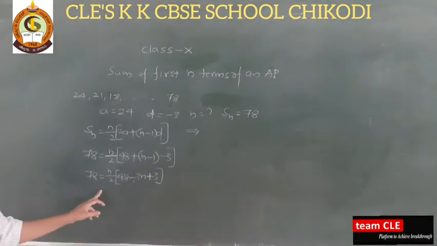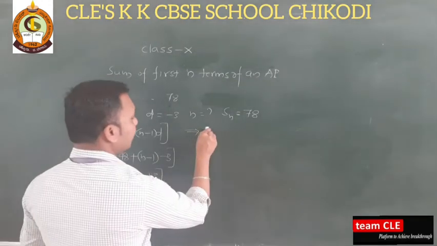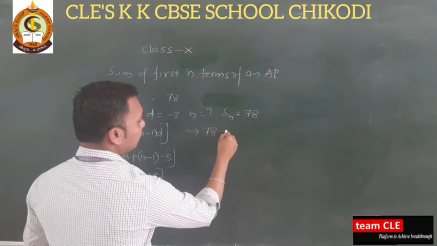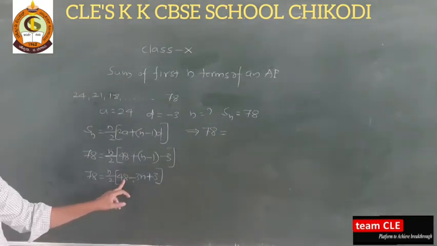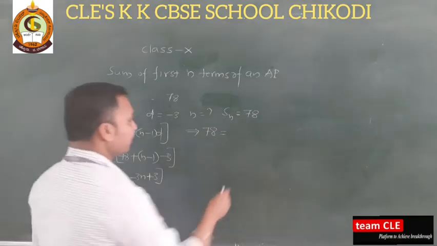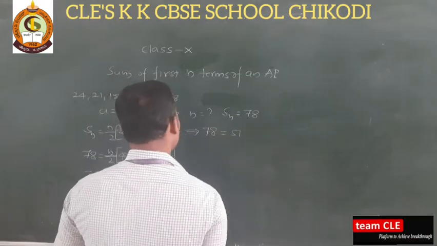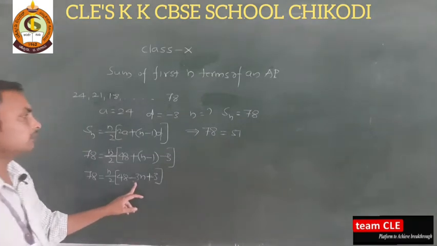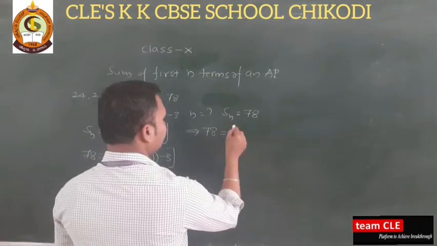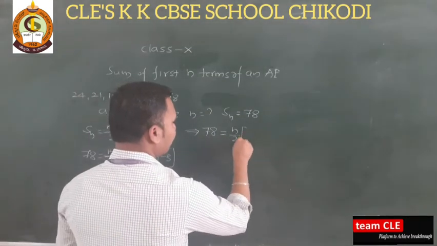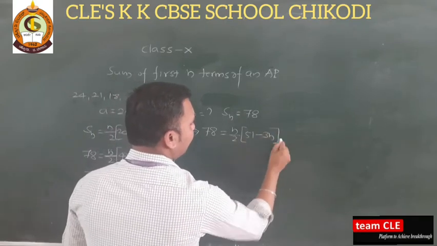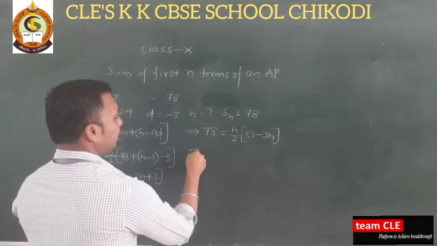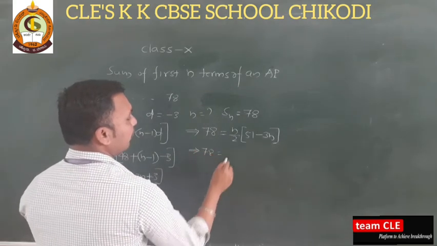Next step, we have 78 keep as it is. Now here 48 plus 3, how much will we get? We'll get 51. Okay. Now minus 3n. So still we have this side n by 2 into bracket of 51 minus 3n. Okay. Now next. So this implies we have 78.